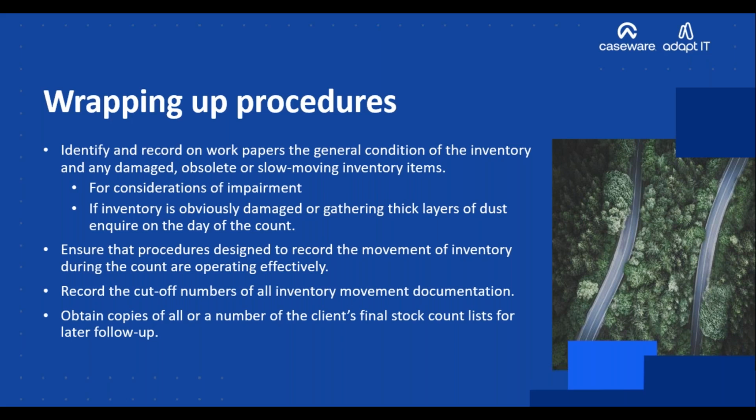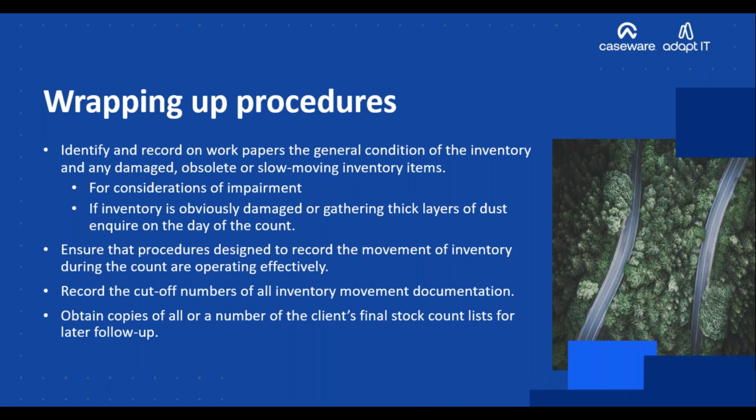Then, of course, the objective of wrapping up is to have the final stock list, right? We want that final listing of stock, and you want to ensure that any changes do not happen subsequently.